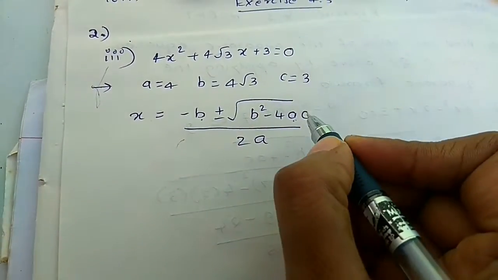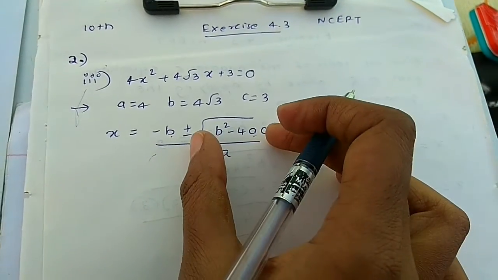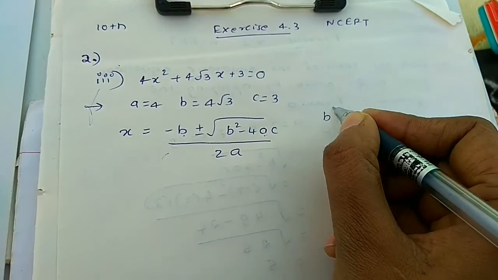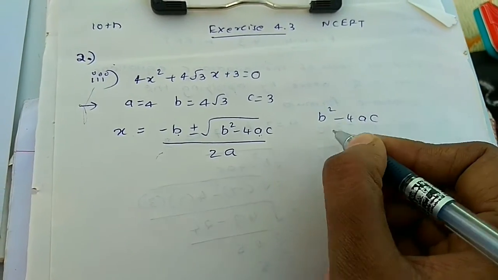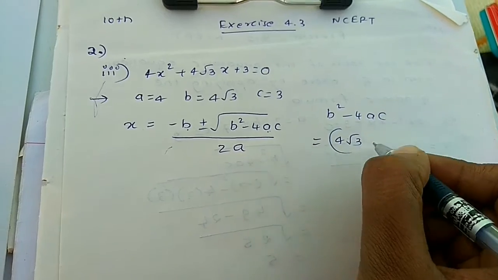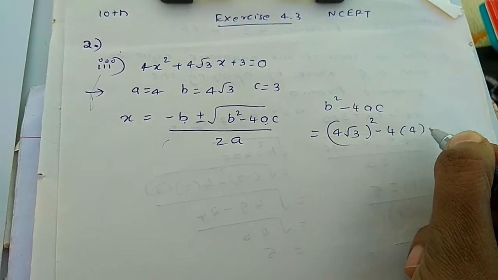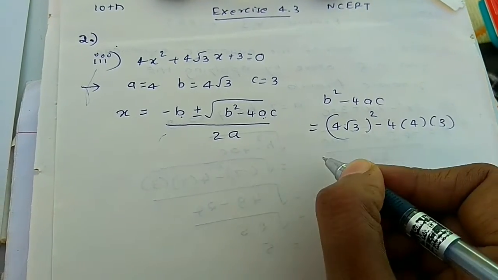Next you can find b square minus 4ac separately and then substitute it here. So b square minus 4ac equals (4 into root 3) square minus 4 into 4 into 3.